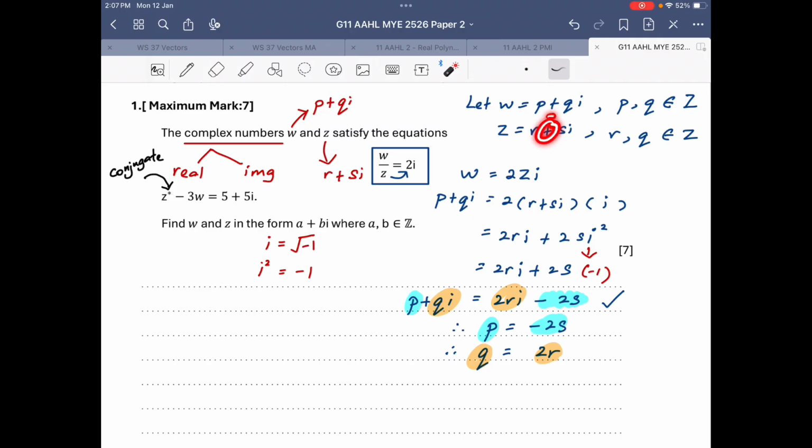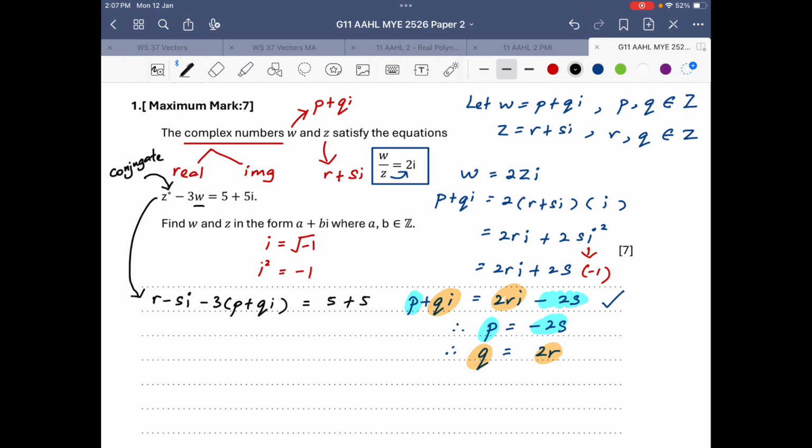We change plus to minus. So based on this equation, we have R minus Si minus 3, the bracket, we switch to P plus Qi, equals 5 plus 5i.